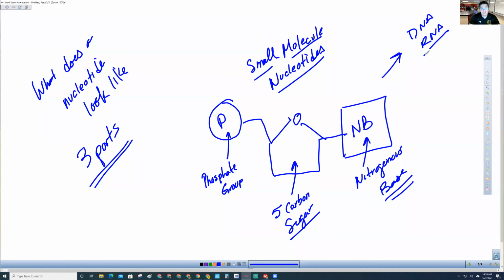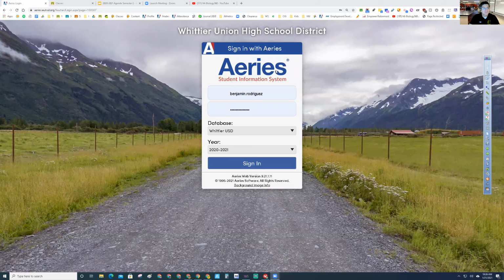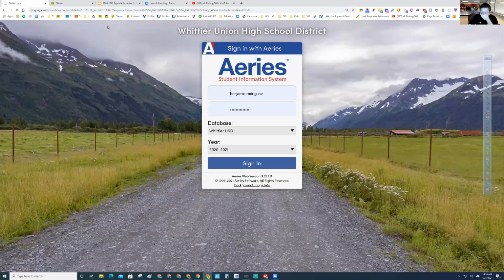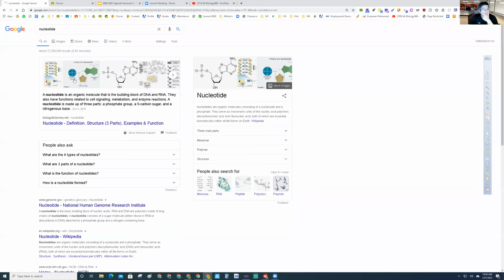All right, the last thing I'll leave you guys with is this. So if we Google a nucleotide, right? So let's Google nucleotide. Okay, so here are the images.